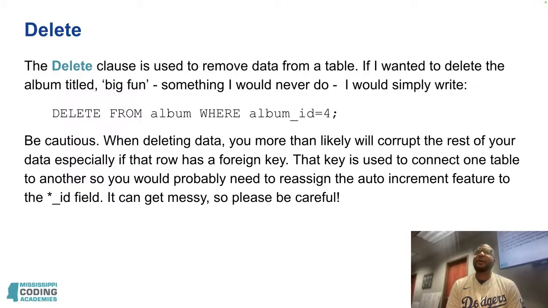Always think about what if somebody comes in and tries to hack into this and does some weird stuff. You've got to account for all the things that can happen outside of it working. What's the best way to address that? Be cautious with delete. Okay.